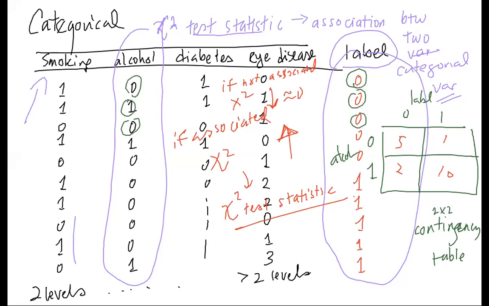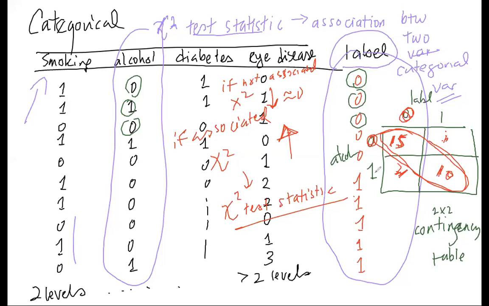If most of the data are distributed along the diagonal, that means when alcohol is 0, it very frequently sticks with label 0, say 15 of them, or when alcohol is 1, the label is 1. So it's going together. By just looking at it, you'll see that there's association, whereas the other two cells are relatively weak compared to the diagonal pattern.